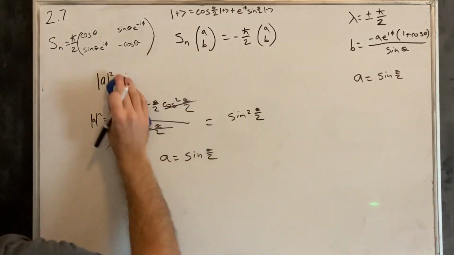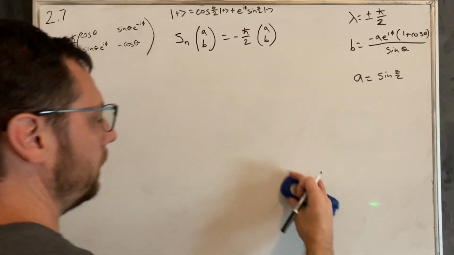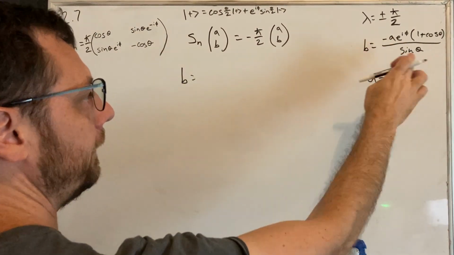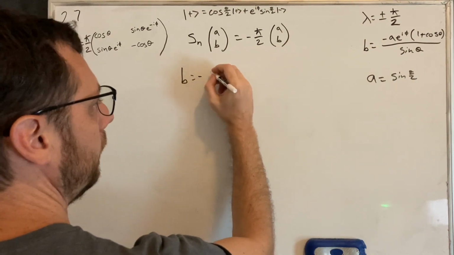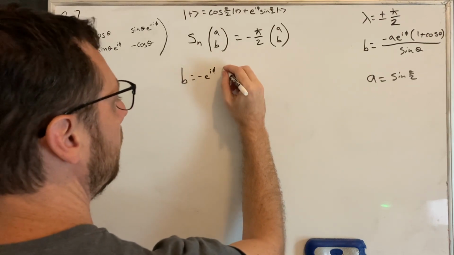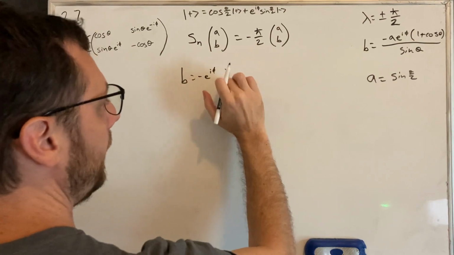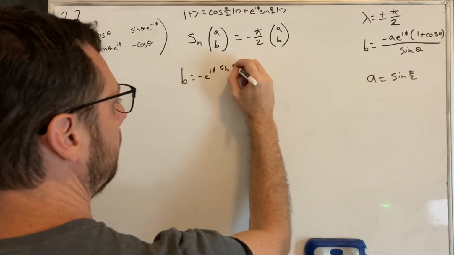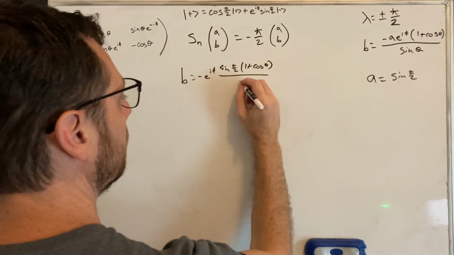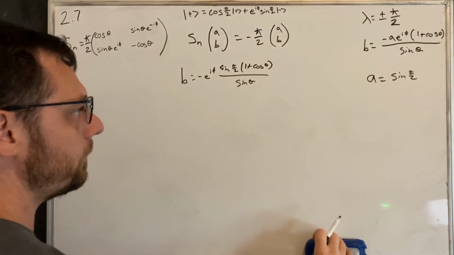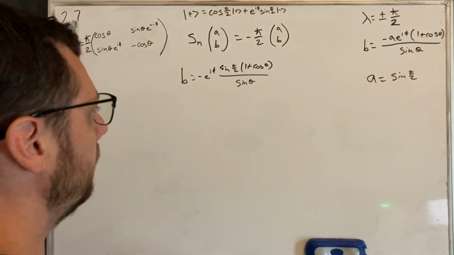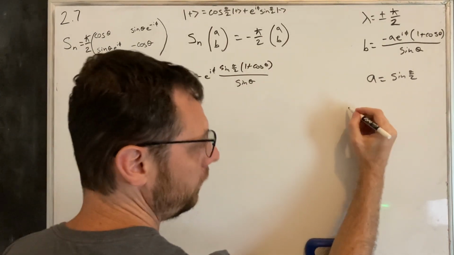And hopefully b isn't too complicated. So b is equal to, let's pull out this negative and the e to the i phi, because I think that's going to stay there. Then we have a, which is sine theta over 2, 1 plus cosine theta, all over sine theta. I think we can replace these with the double angles here. I'll write these two up here.